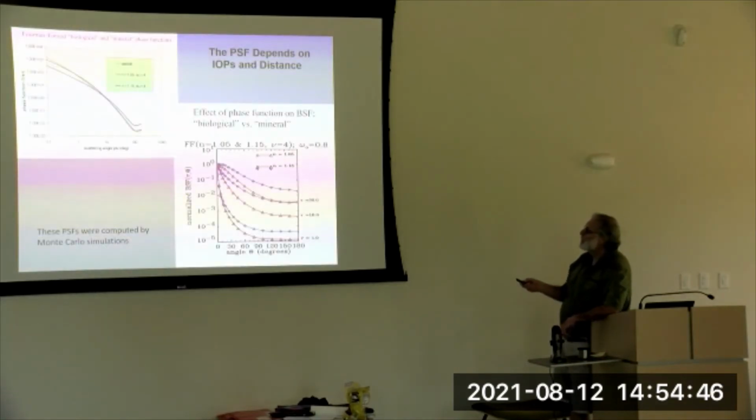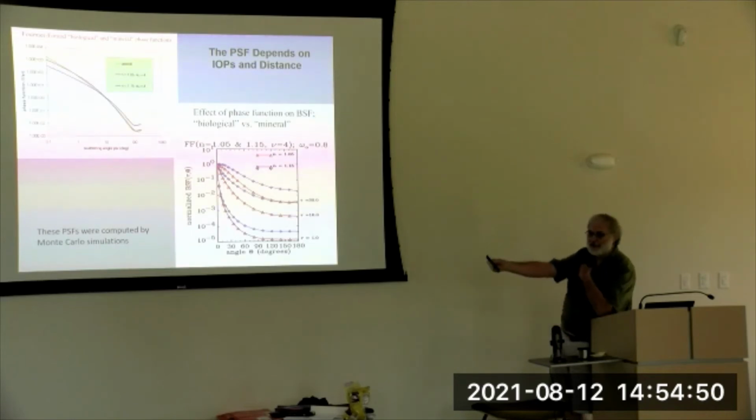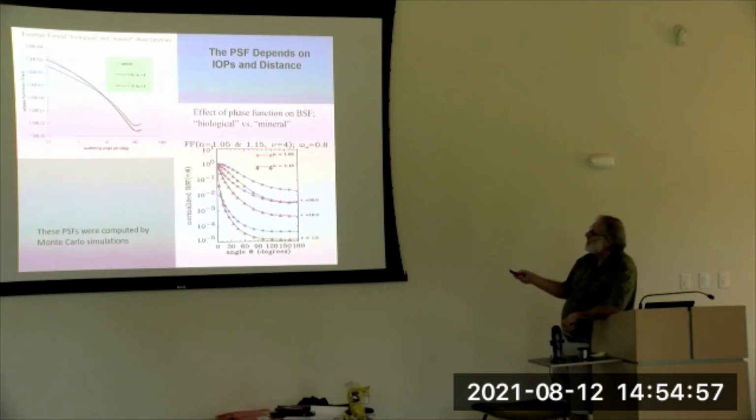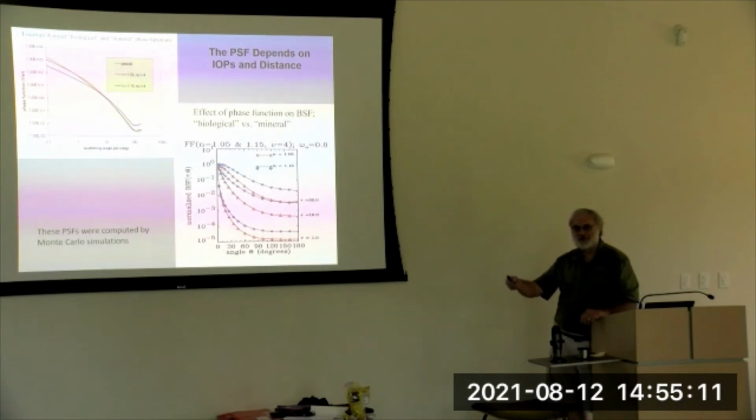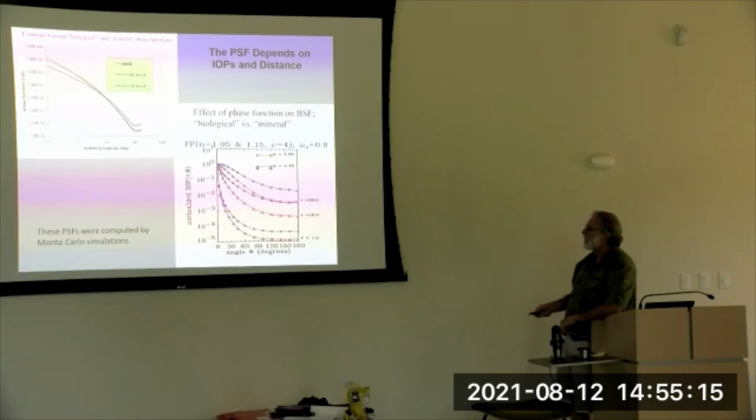Okay, so this point spread function depends on the IOPs and on the distance. Here I just had 3 different phase functions: Petzold, one appropriate to phytoplankton with a low index of refraction, and the blue one for mineral particles with a high index of refraction. I have Monte Carlo codes that compute beam and point spread functions by doing lots of ray tracing, seeing what makes it through.